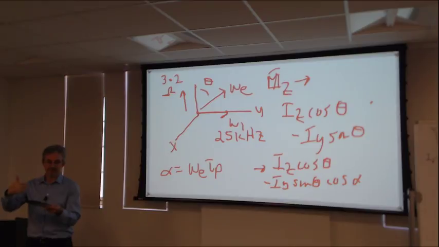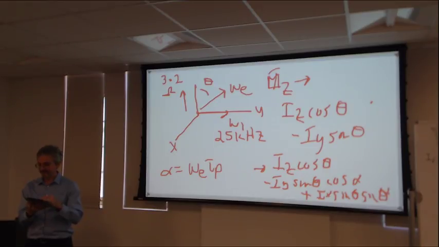Minus IY rotates around Z towards plus IX. So we'll have plus IX sine theta sine alpha. If I draw a better picture of that.